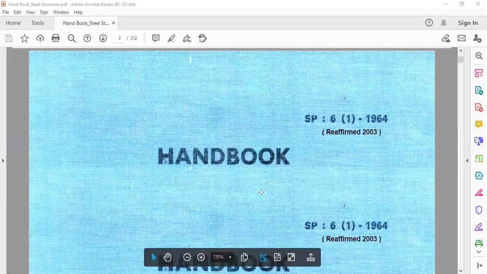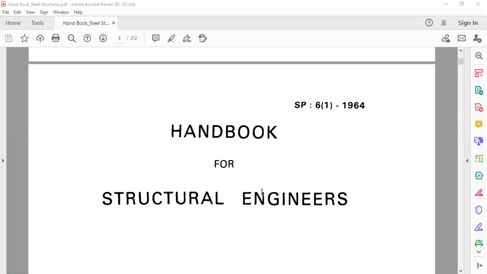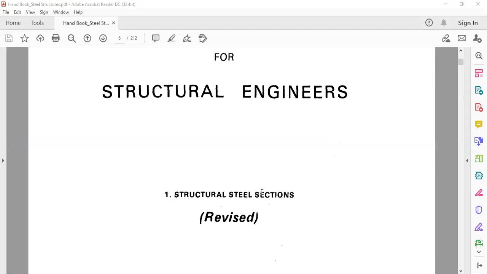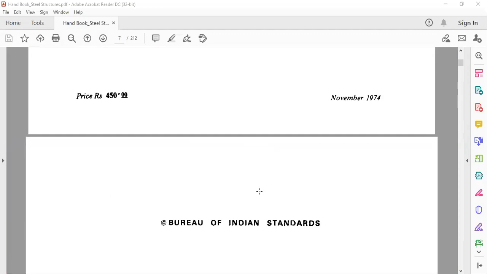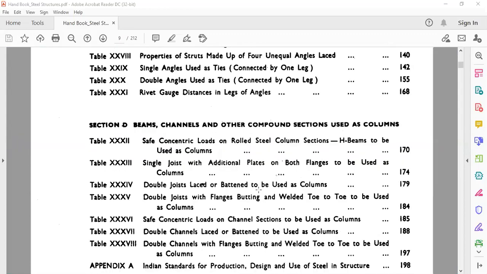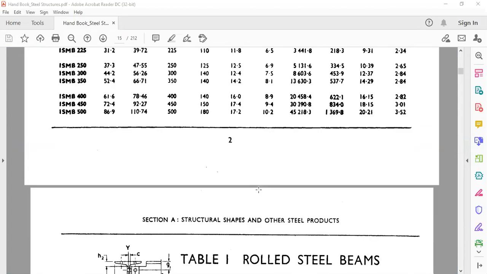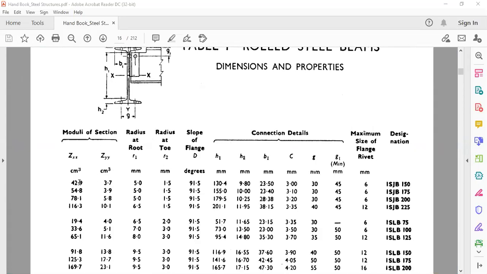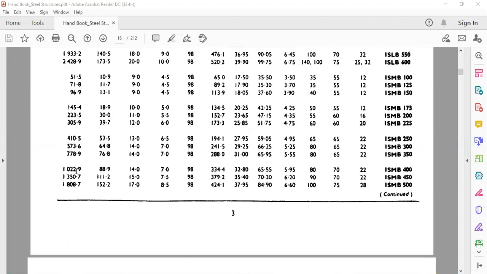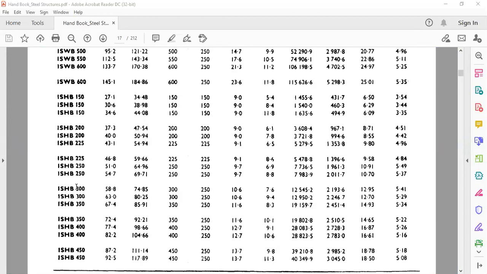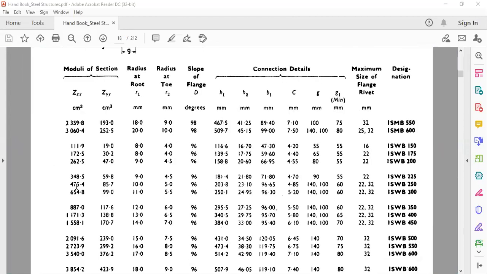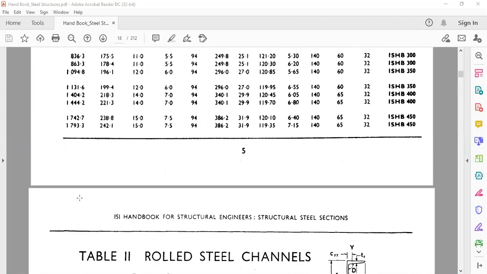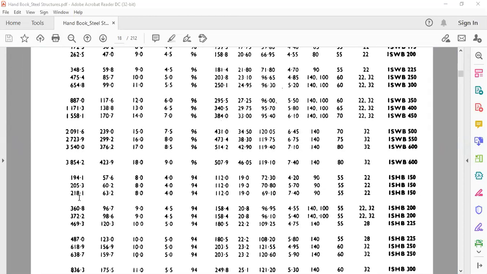So in the handbook, we have to select an I section which has a ZP value more than 3740. That is our requirement. So here the I section and the Z value are available. I have to select a section whose value is more than 3000 something.